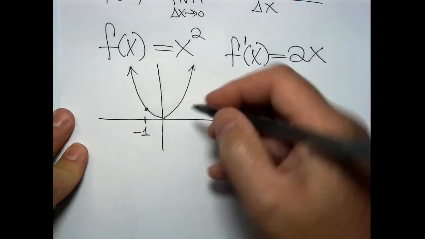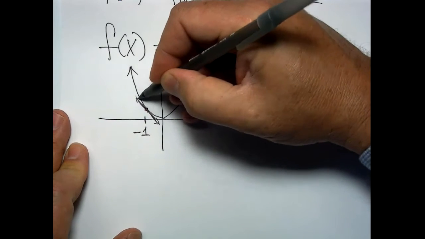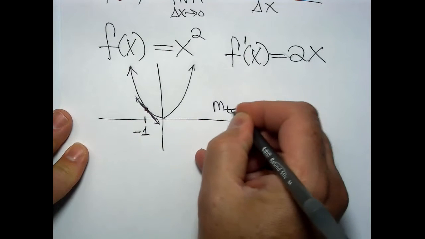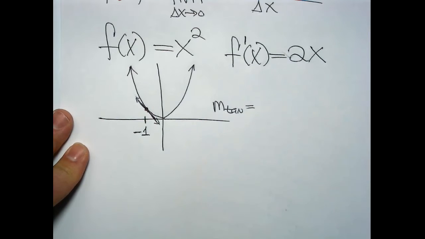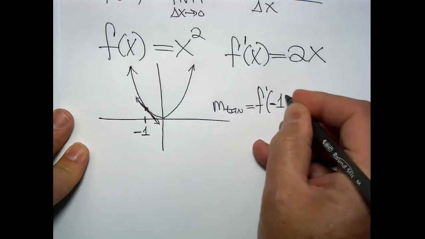I could then draw the tangent line. And just like magic, this function here can tell me the slope. So the slope of the tangent line is not the derivative function. It's the derivative evaluated wherever you happen to be.